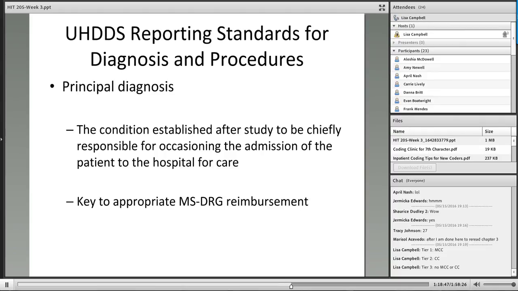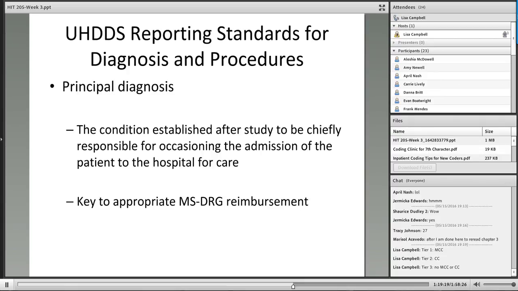Your MSDRG is driven by your principal diagnoses, but your secondary diagnoses can represent a CC or an MCC. And if they represent a CC or an MCC, it takes you from a tier 3 MSDRG to a higher tier of a 2 or a 1.